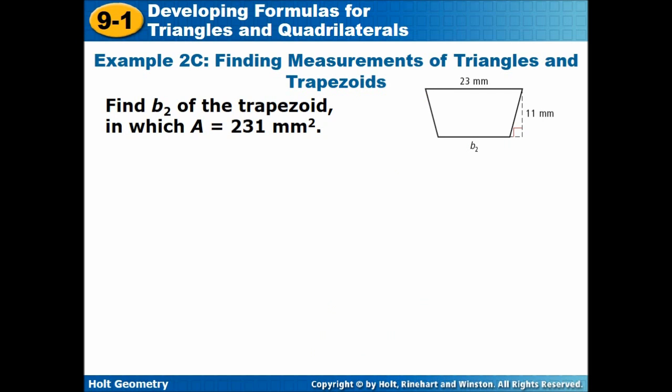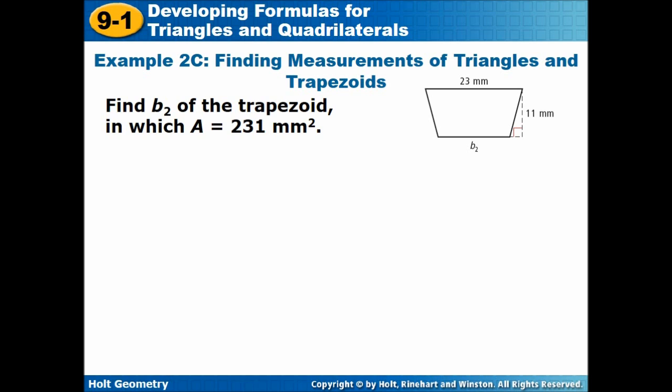Okay, in this next example, we're going to find the measurement of a trapezoid. In this case, we're going to find B2, the bottom base side of the trapezoid, in which the area is 231 millimeters squared. Notice that over on the side here, they've attached a little right triangle because they want to find the height, and the height is 11 millimeters.